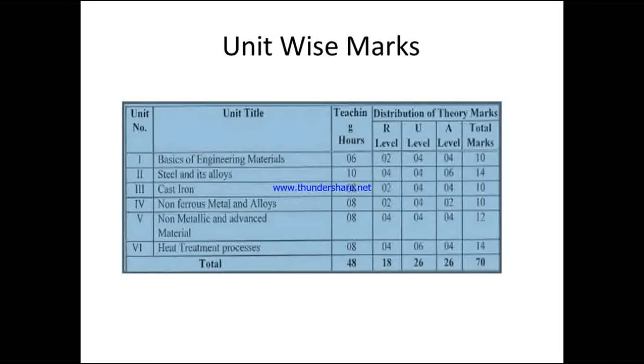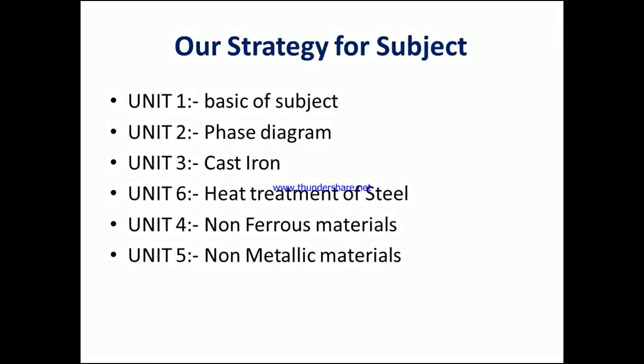Now, how will we study this subject? We will first study unit 1, that is the basics of the subject, then the phase diagram, that is unit 2, then cast iron, and after unit 3 we will discuss heat treatment, because we have to study this heat treatment for steel and cast iron.